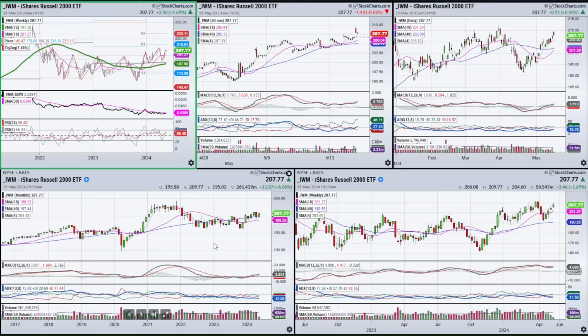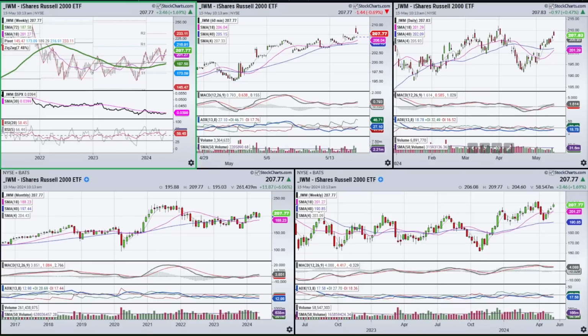I know there's been more than just 5 or 10 stocks participating. I'm not trying to say that, but when it comes down to looking at the number of stocks in the advance-decline line and all that, I think it'll improve dramatically if this continues and we get the relative performance that we want.